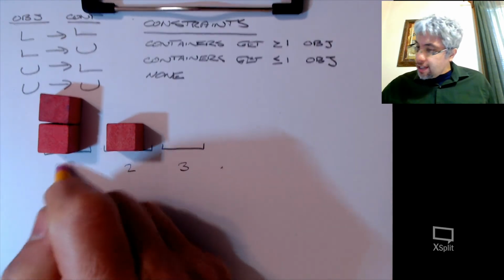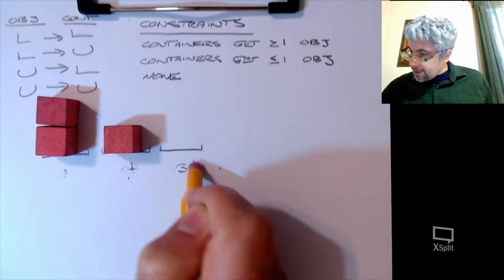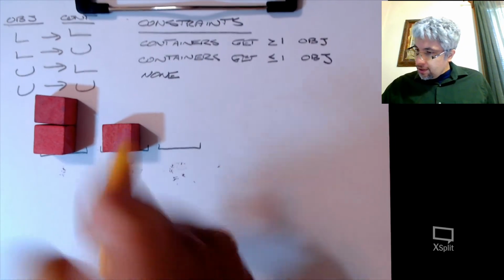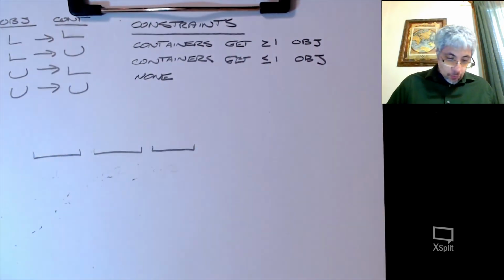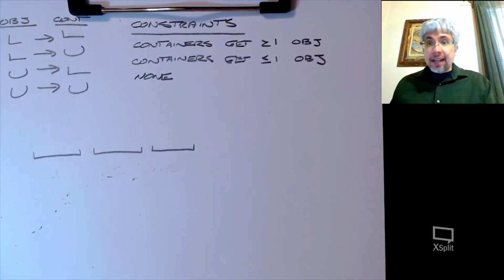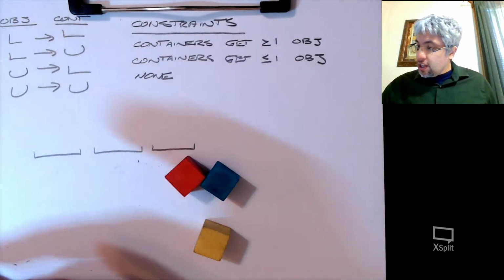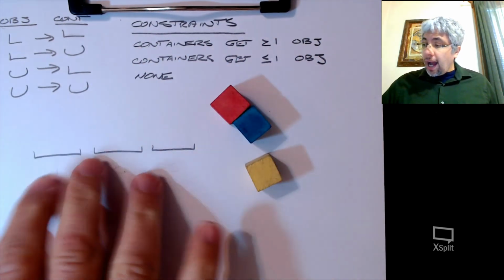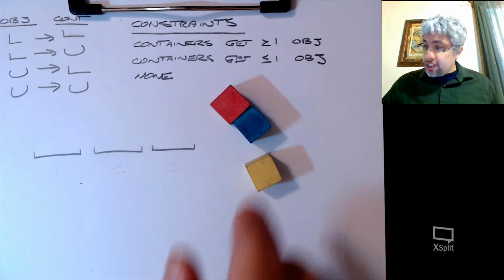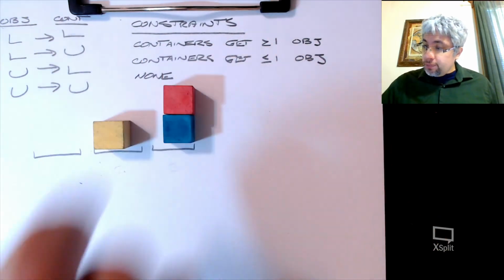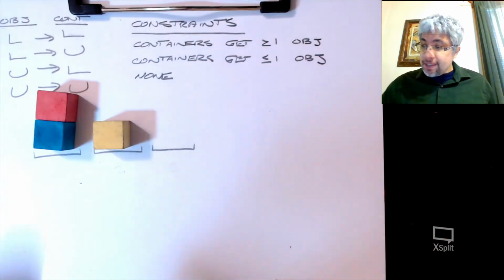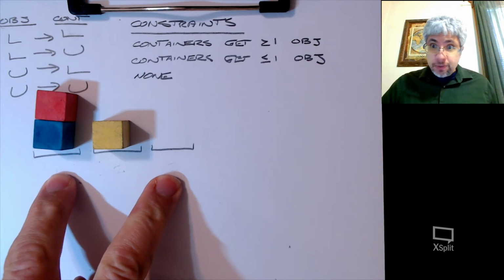Okay, so now I'm going to talk about the second case. Now we have labeled objects and unlabeled containers. So now I don't care which container is on the left or which is on the right. If I have red, blue, yellow like that, that's the same as that, because I can't tell the difference between these two containers.